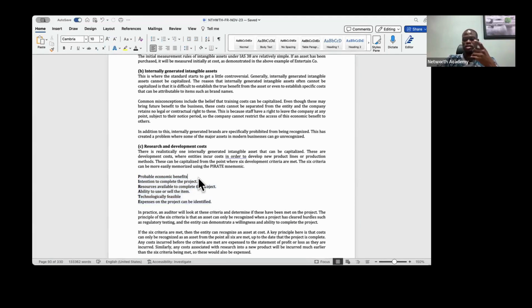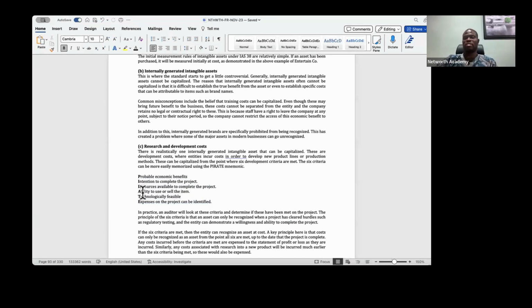And what are these 6 criteria? Number 1, it must be probable that there will be economic benefits. That's the P. Number 2, there must be intention to complete the project. The R is that resources are available to complete the project.